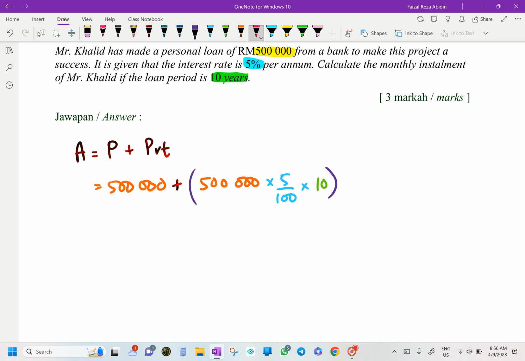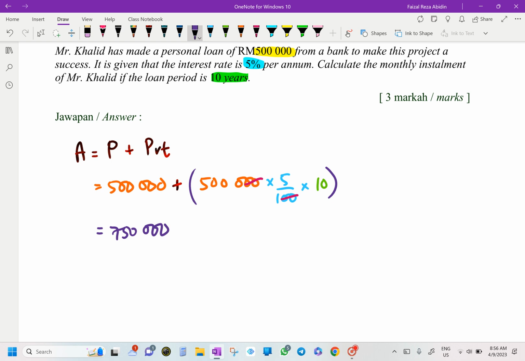So if you look over here, I'm going to simplify straight away. 20, 20. We get 750,000. 5,000 times 50, 250,000 plus with 500,000, 750,000. Is it going to be our answer?